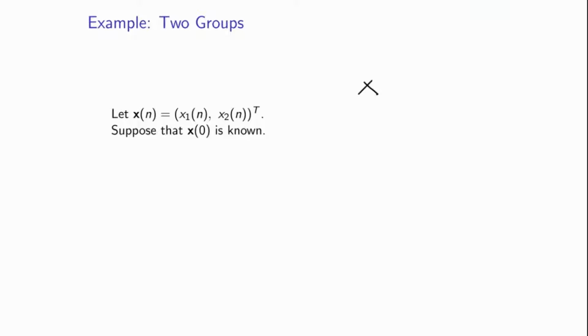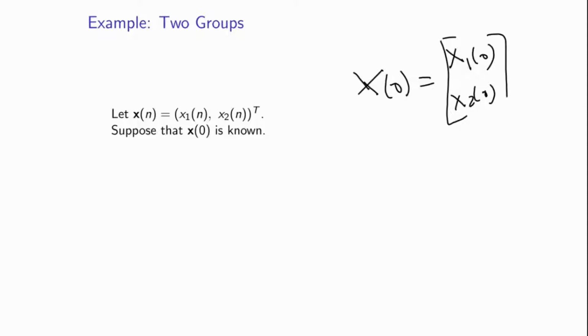Suppose that x0 is known, which means that we know x1 at 0 and x2 at 0, okay? What does it mean that this is known? Well, maybe we have that x1 is 100 and the other one is 5 or something like that. So when we say that suppose this is known, suppose there are values that we are aware of, the values of population size at time step 0. That's what we mean. So here is where comes the interesting part.